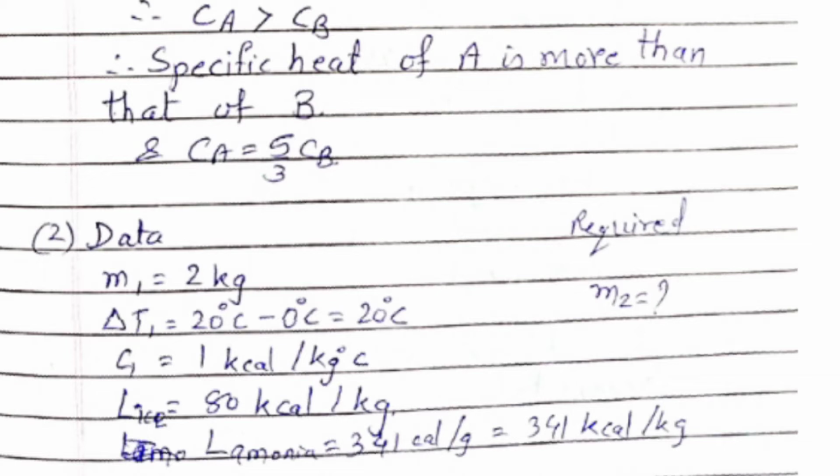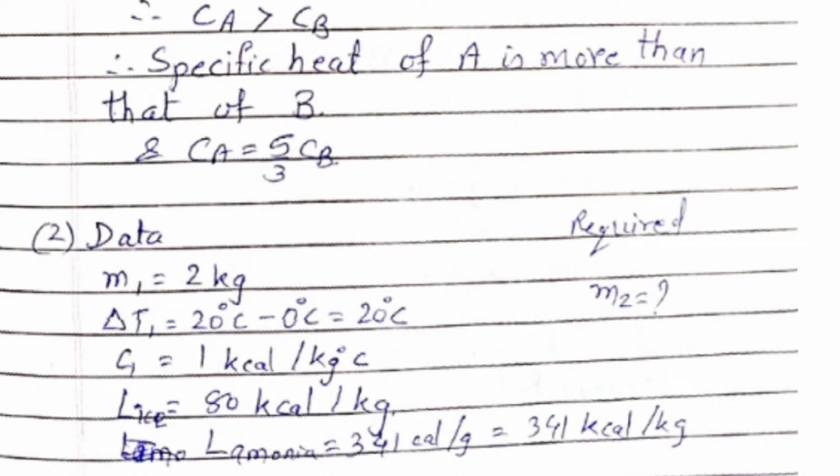Latent heat of fusion, that is converting from water to ice, is 80 kilocalorie per kg, or you can say 80 calorie per gram, whatever way. We should know about the latent heat of fusion and latent heat of vaporization. For ammonia, where it is getting converted to vapor, that is 341 calories per gram.